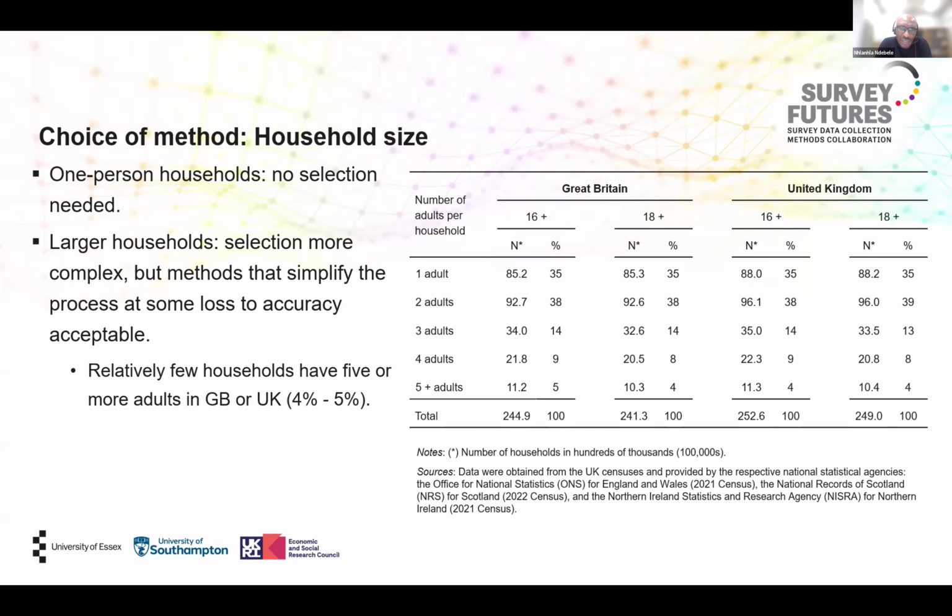However, in larger households, conducting the selection is slightly more complicated, but methods that tend to simplify the process, though at some loss of accuracy, are acceptable, in part because in the UK, as you can see, we have relatively few households that have 5 or more adults, only about 4 to 5%. So you can lose some accuracy in terms of that selection process.